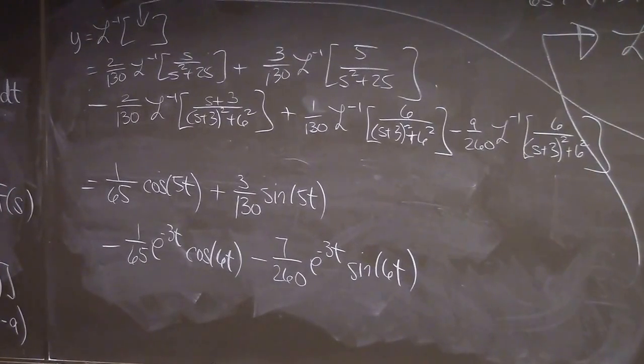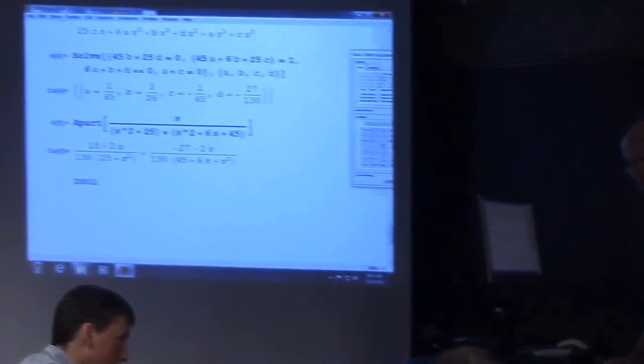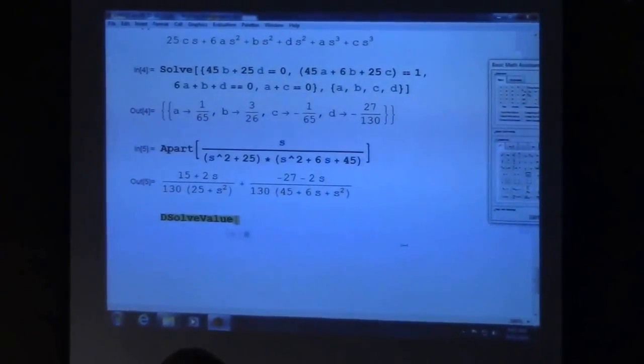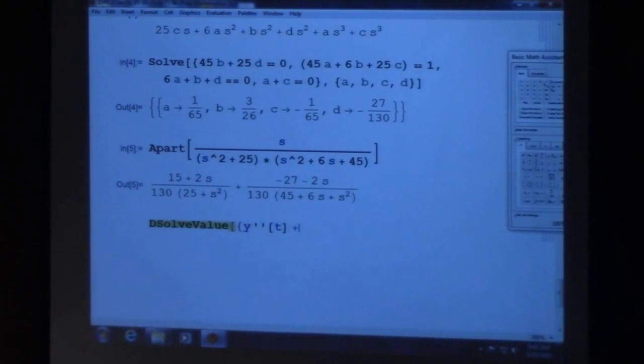All right, let's see, are we right? DSolveValue: y double prime of t plus 6y prime of t plus 45y of t equals cosine, what was it, 5t. Forgot.